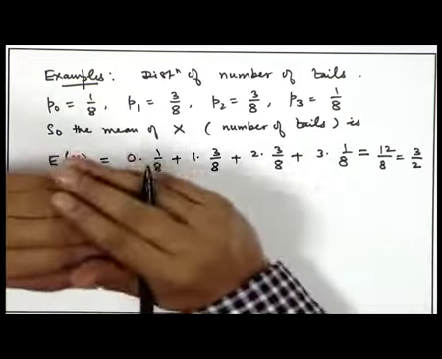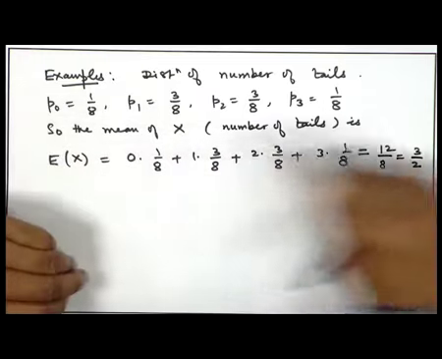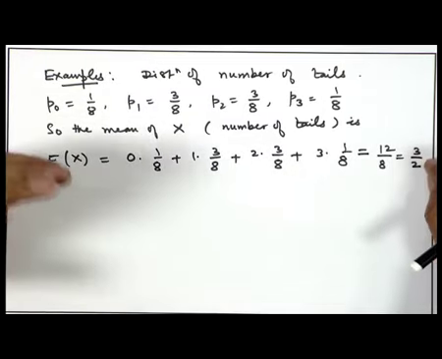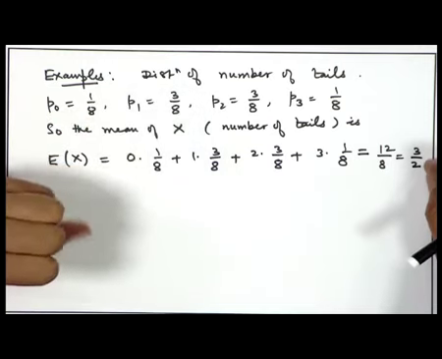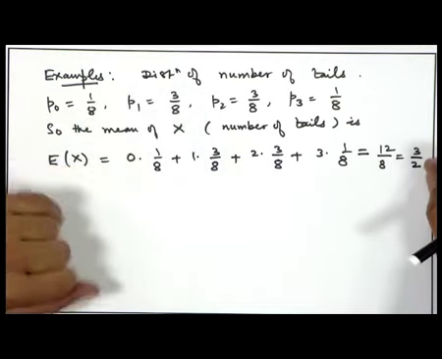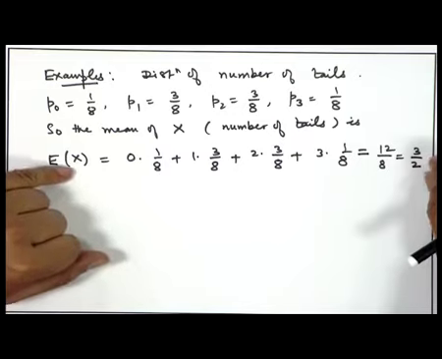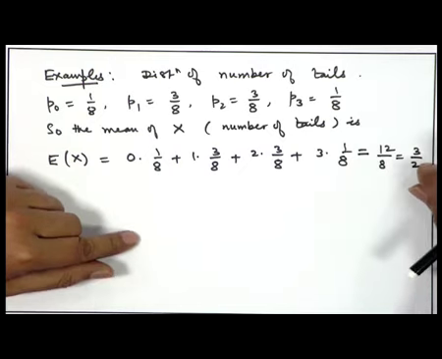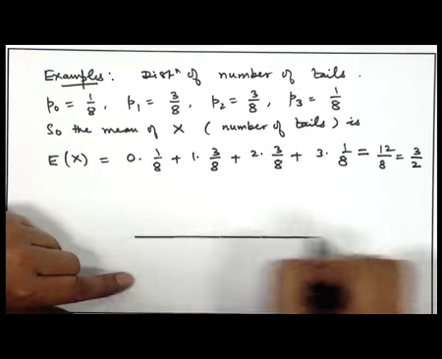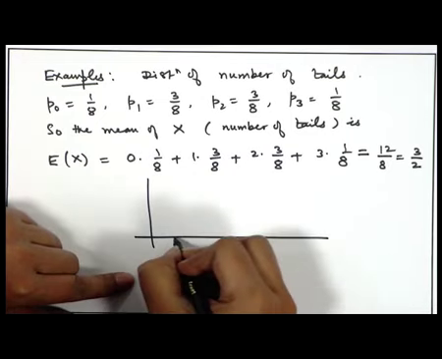Now, one may wonder what is the meaning of this? I am getting a fraction. Actually, the number of tails is 0, 1, 2 or 3. So, that is an integer value. The expected value or the mean does not mean that it has to be one of those values, but it is some intermediate value here. The values are 0, 1, 2. Actually, you can see here, if I consider the plotting here.